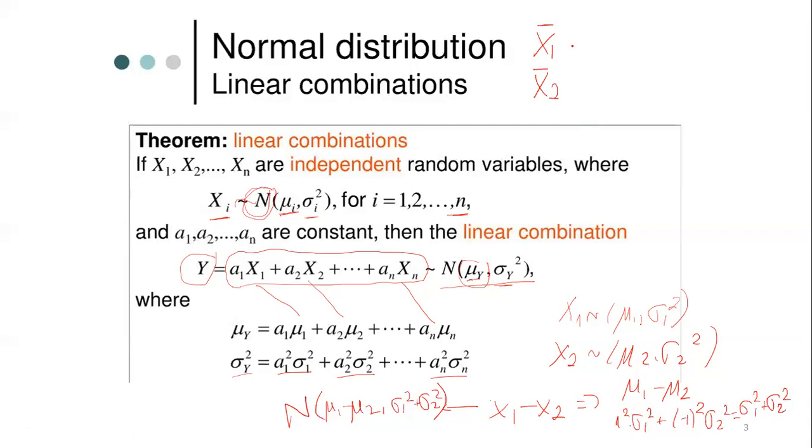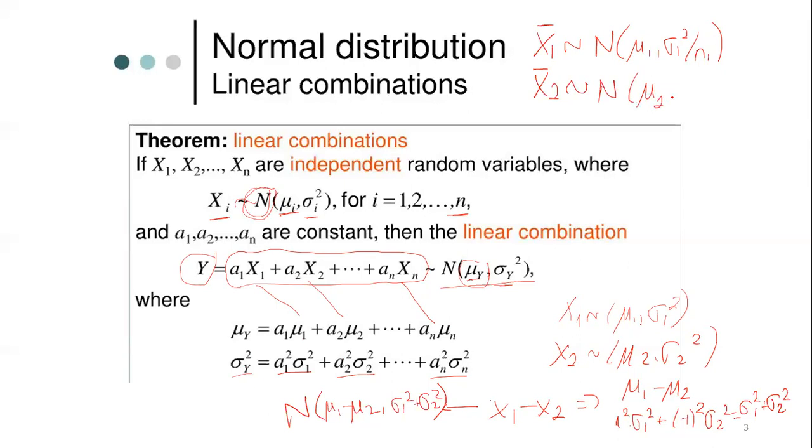So x1 bar is the sample mean of the sample which belongs to the first population, and x2 bar is the sample mean of the sample that belongs to the second population. And we know that they are approximately normally distributed with mu1 and sigma 1 squared divided by n1. Remember from the central limit theorem.